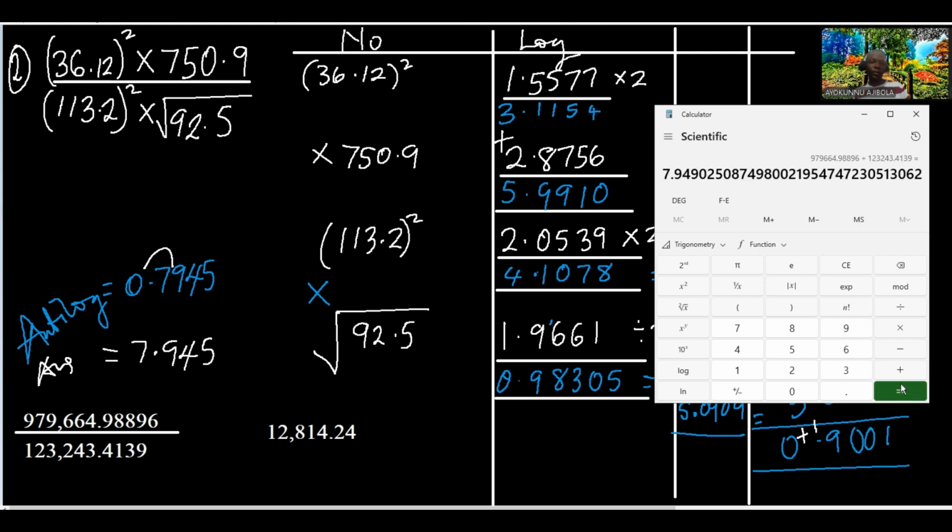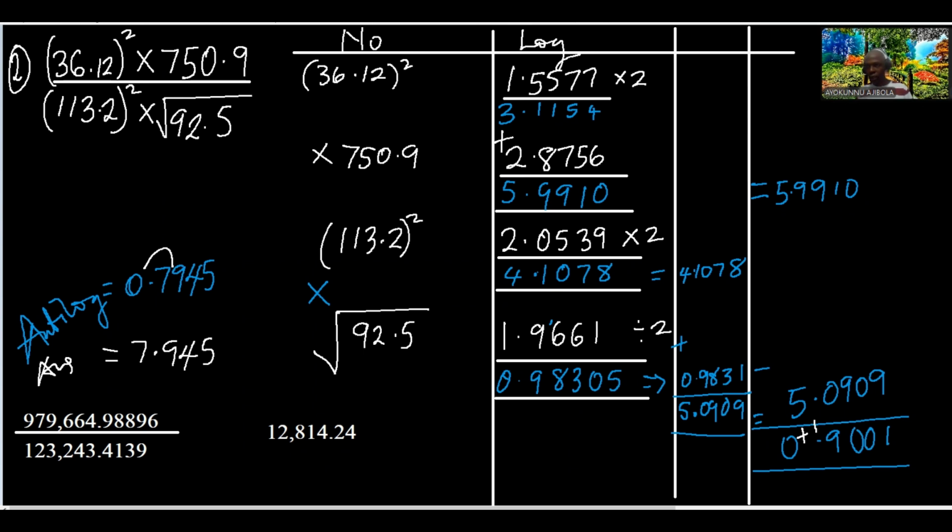So this is going to give me 7.949. But what we got here is 7.945, right? So that is the difference between the table value and the calculator value.